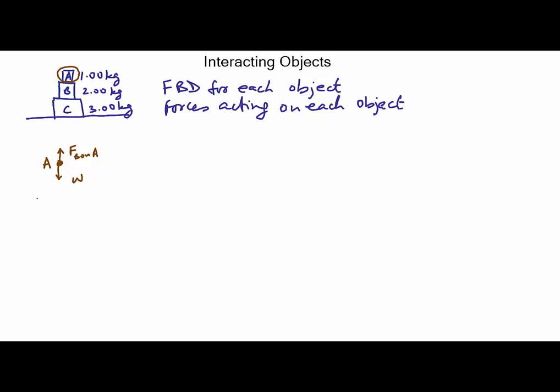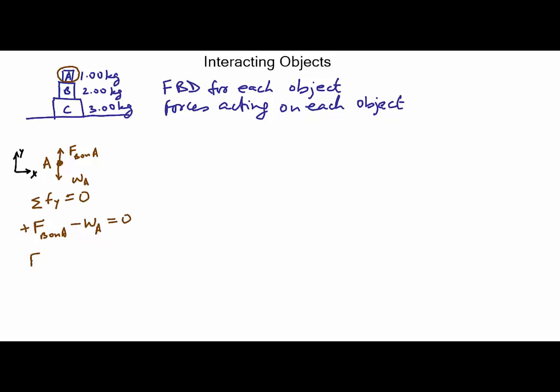So our condition of equilibrium was the sum of Fy equals 0, where this is my y-axis, and here's my x-axis. This condition of equilibrium gives me plus F_B on A, because that's in the positive y direction, minus Wa, let's call this Wa for block A, equals 0.